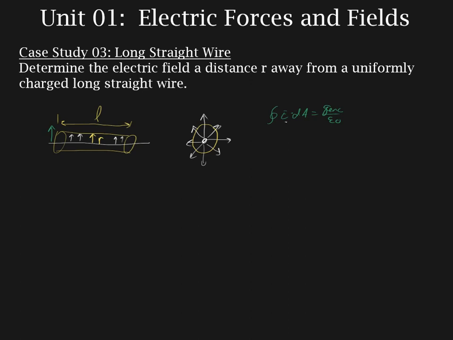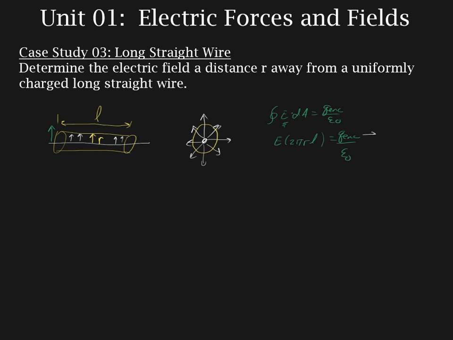So we know the field is uniform everywhere along the wrapper, and that the integral of dA, or that wrapper, is going to become just the area of the wrapper. So we get E times 2 pi RL is equal to Q enclosed over epsilon naught.